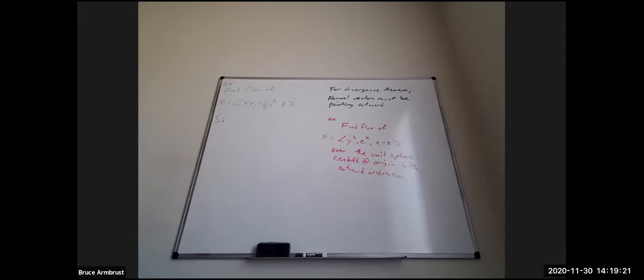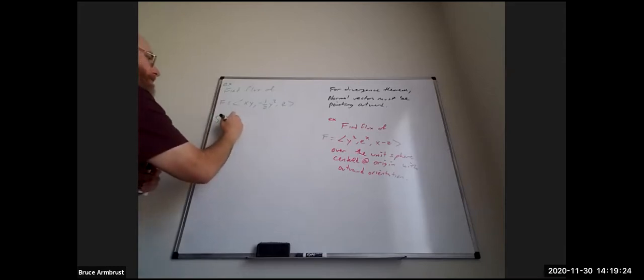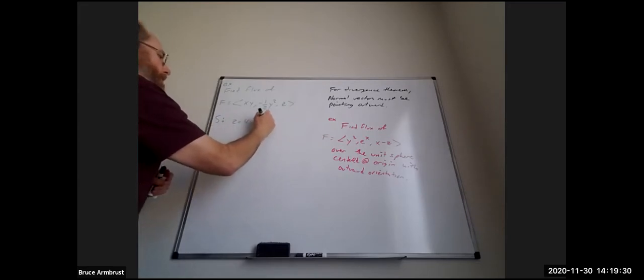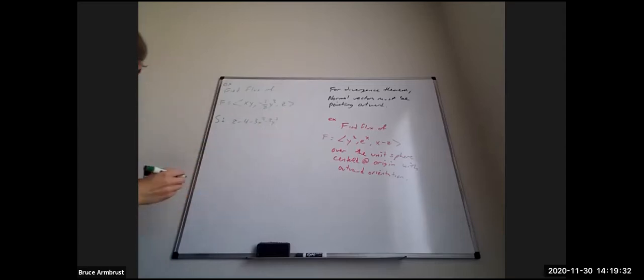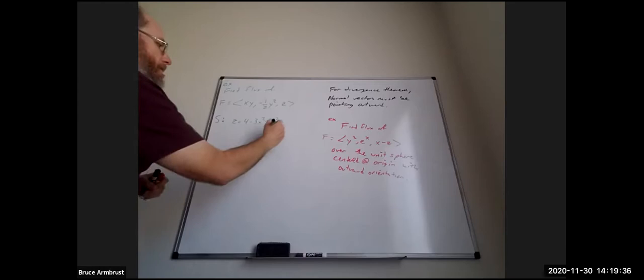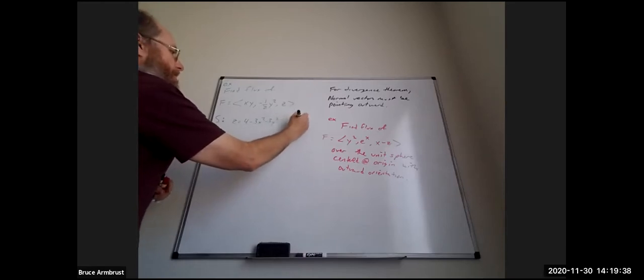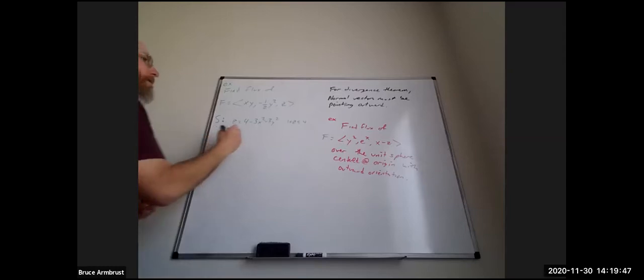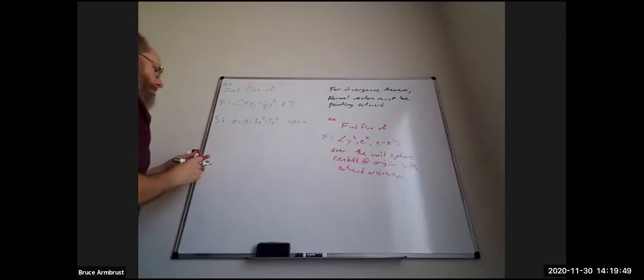And then this is what our surface is going to be. It consists of z equals 4 minus 3x squared minus 3y squared, and the z is going to be between 1 and 4. All right, and so this is the top.